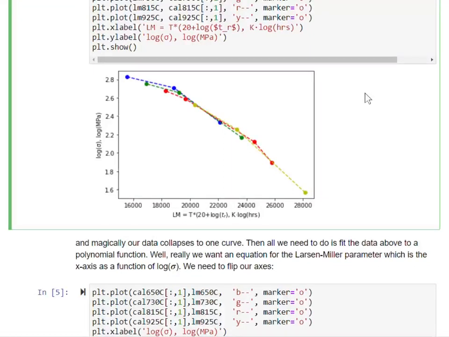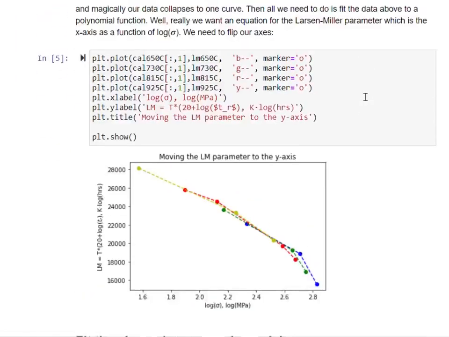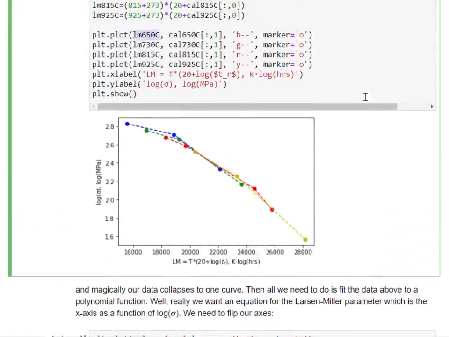All right, so what we can then do is flip our axes, because what I want to do now is have a polynomial fit to this data set, so that under a given stress value, rather than reading off a Larson-Miller parameter, I can just plug the stress in and get the Larson-Miller out.